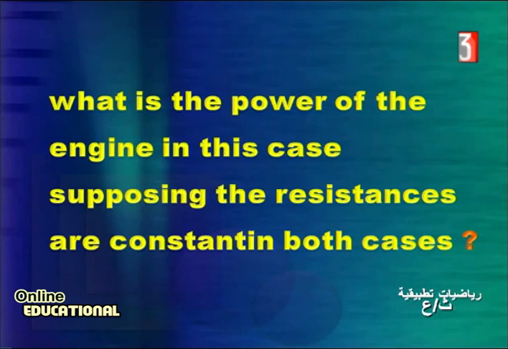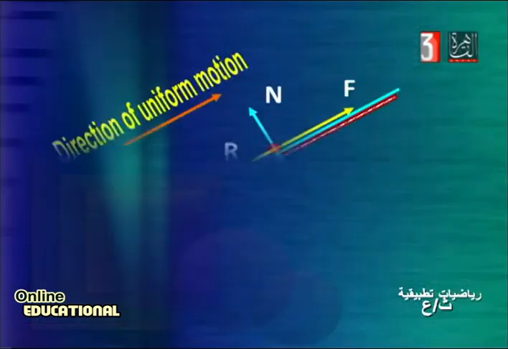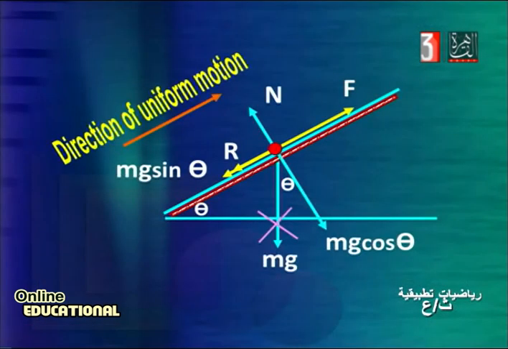Now, the first case: a train of mass 200 ton ascends a slope whose inclination angle to the horizontal is sine 1 over 200. What are the forces acting on the body? In this case, the engine force, the component of the weight mg sine theta, and the resistance of the road. Now we can write the equation of motion.